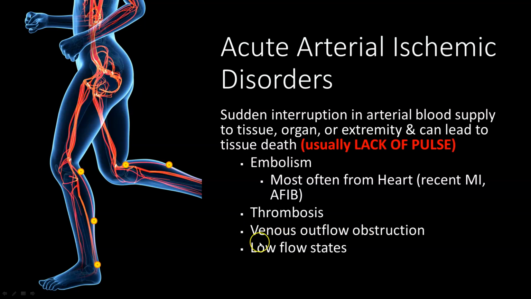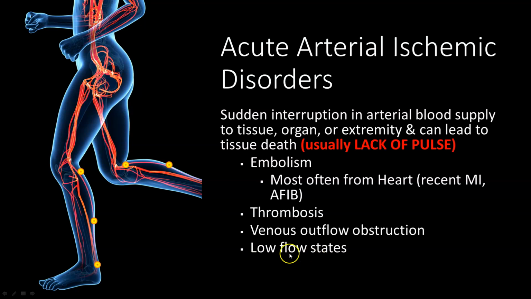This other piece here, this venous outflow obstruction, is basically a difference in how blood is traveling from your arterial system to your venous system, and it's kind of like with your heart. Blood is going to back up if it's not moving correctly, and then that can cause issues because you already have vasoconstriction. It's going to lead to more issues with arterial disorders.